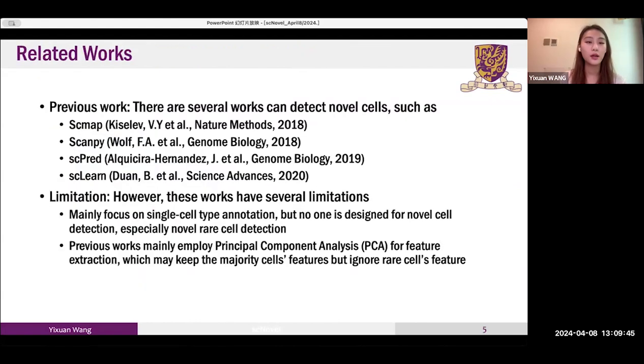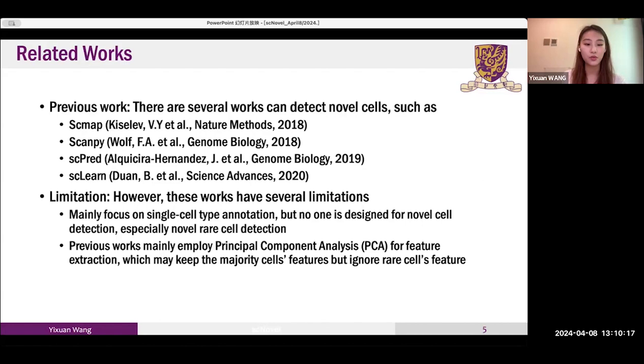There is some existing work designed to detect novel cells, such as scMap, scPred, scPredict, and scLearn. They are all good tools. However, the limitation lies in that, first, they mainly focus on single cell type annotation, but none of them is designed for novel cell detection, especially novel rare cell detection.